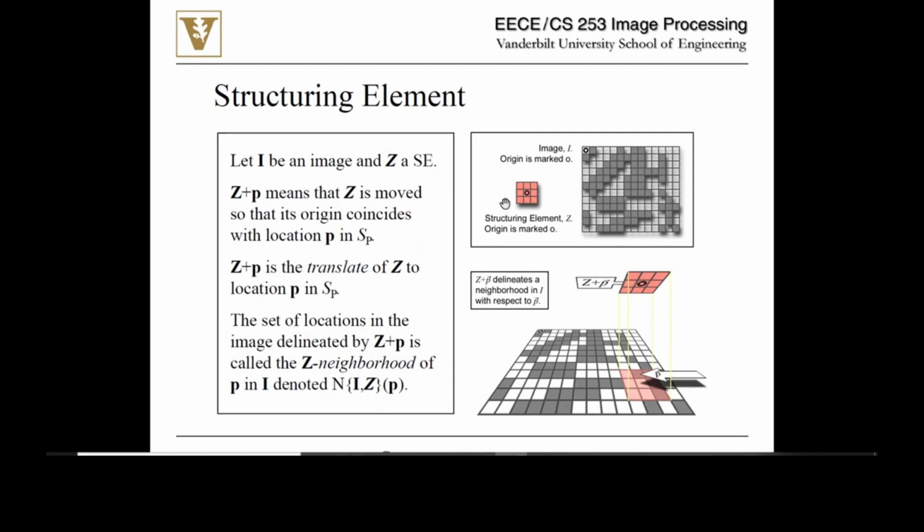So let's say that you have this structuring element, and you have this P. Z plus P will be the structuring element displaced to that location. And this Z plus P will be called the Z neighborhood of P. So it is the neighborhood of P according to the structuring element Z.